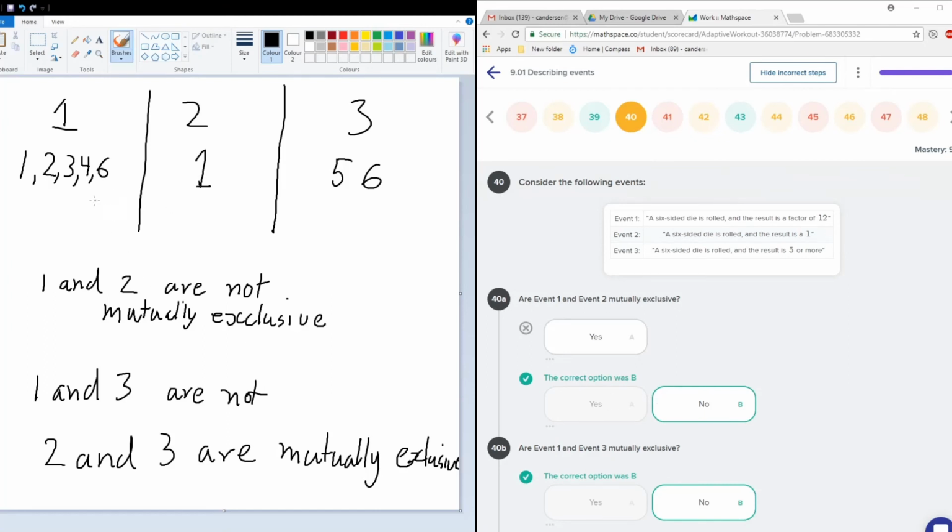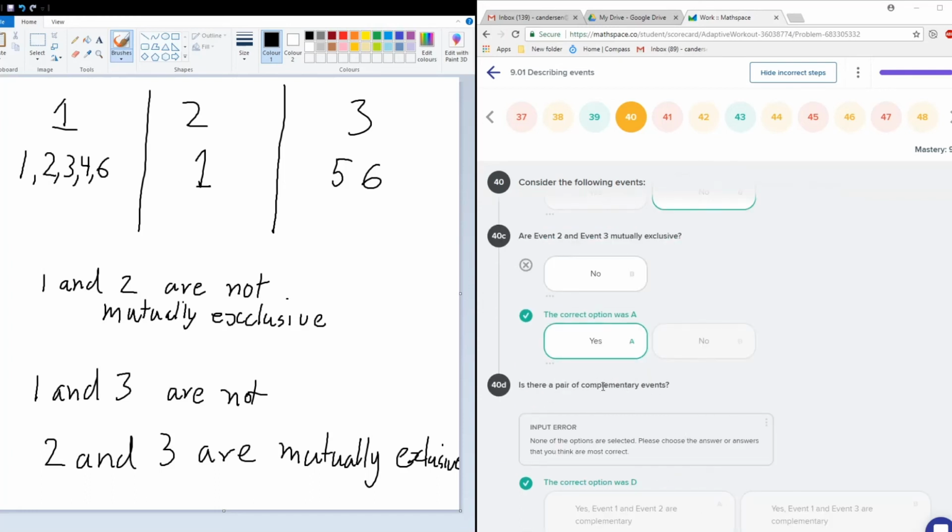So 1 and 2, they're not mutually exclusive, so therefore they're not complementary events. 1 and 3 are also not mutually exclusive events, and therefore they're not complementary events because it has to be mutually exclusive. 2 and 3, they are mutually exclusive, however, they are not encompassing every outcome.